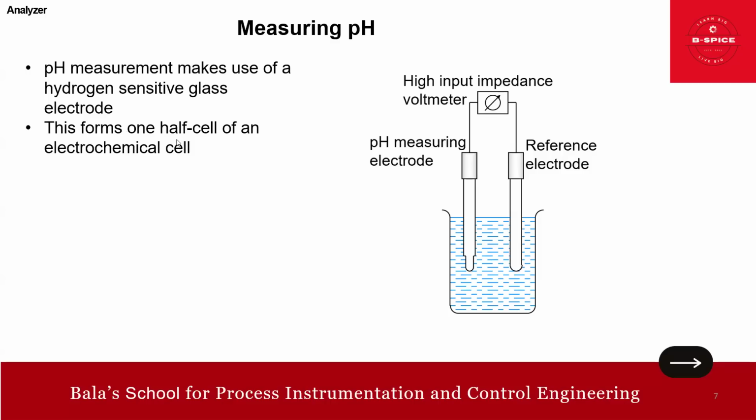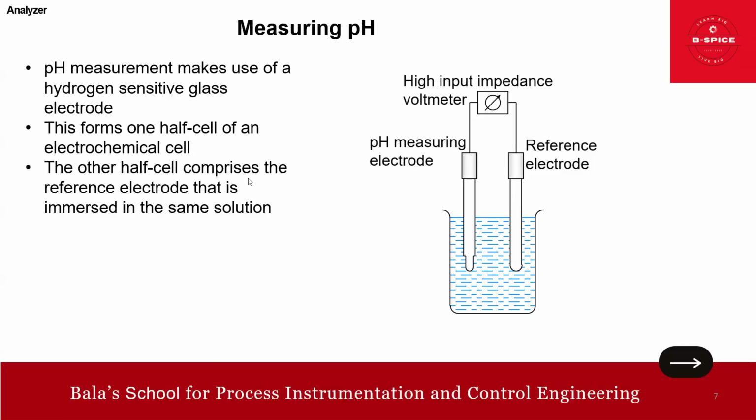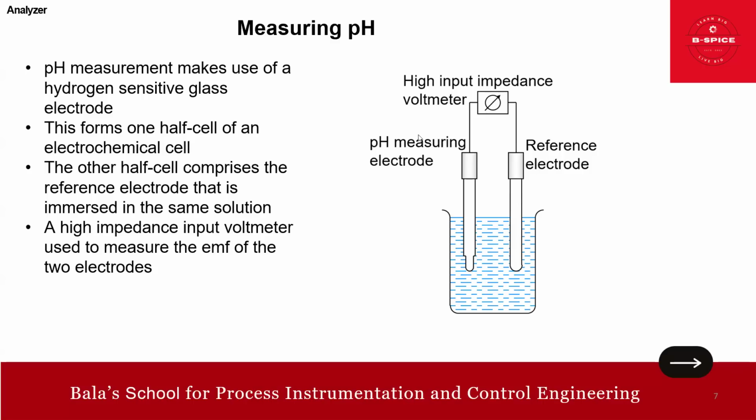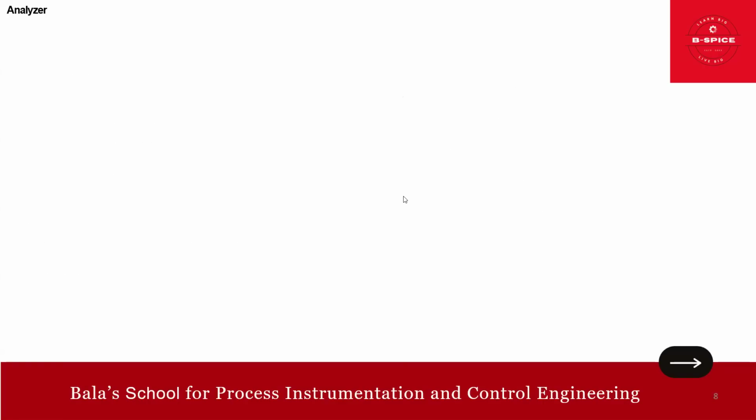This hydrogen sensitive glass electrode forms one half cell of an electrochemical cell. The other half comprises the reference electrode that is immersed in the same solution. A high impedance input voltmeter is used to measure the EMF of the two electrodes. So this is the basic funda.